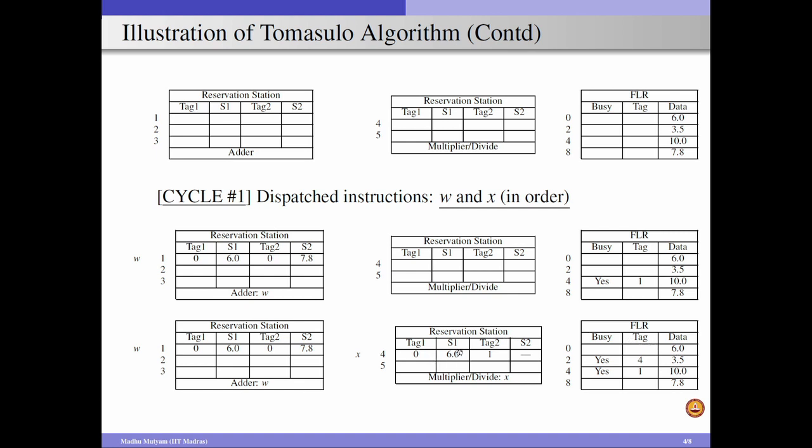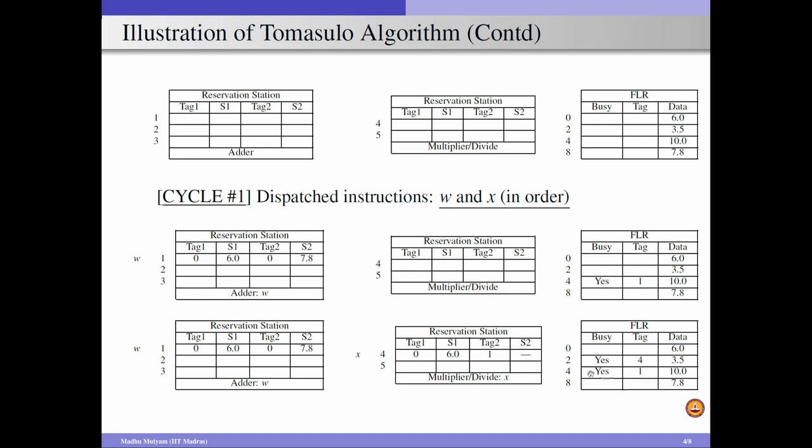But the second operand for the multiply instruction is R4. So, to read the value stored in register R4, we go to the floating point register file, but the corresponding entry indicates that there is some other instruction which is actually going to compute a new value for this R4.